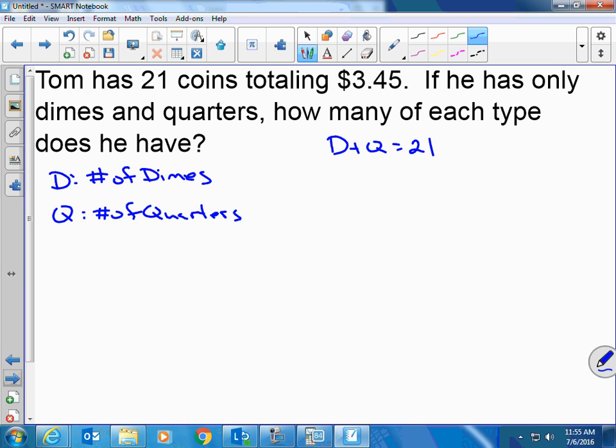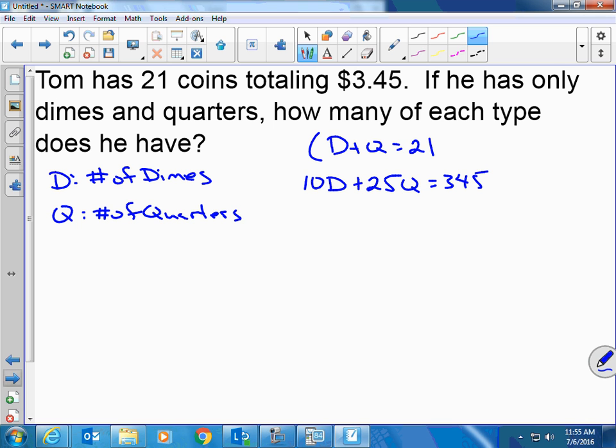Using the same trick, changing $3.45 to 345, I have 10D plus 25Q equals 345. If you don't want to do that, you could say 0.1D plus 0.25Q equals 3.45. Totally fine.